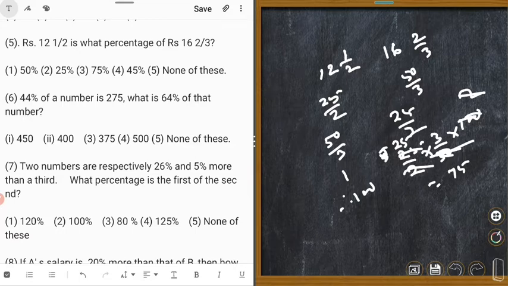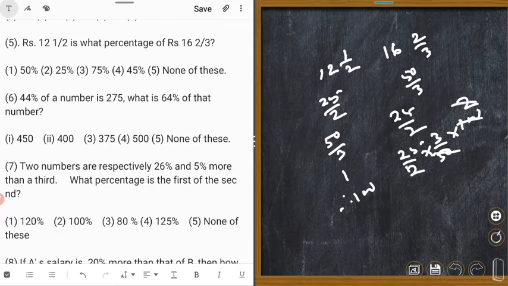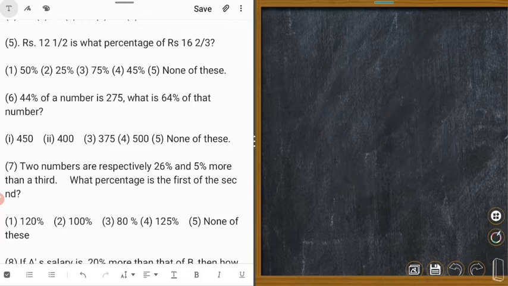Could you understand? Let's do it again. The 50 and 2 cancel, right? 25 into 3 is 75. You are right. Next, which is the correct answer? Number 3. So this is the correct answer.